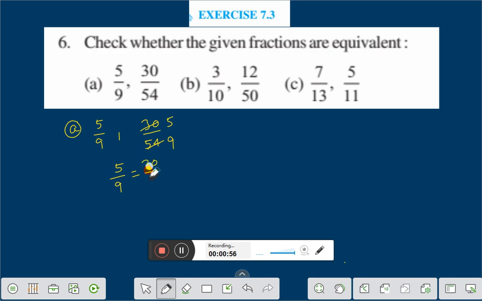Therefore, you can say that these fractions are equivalent.